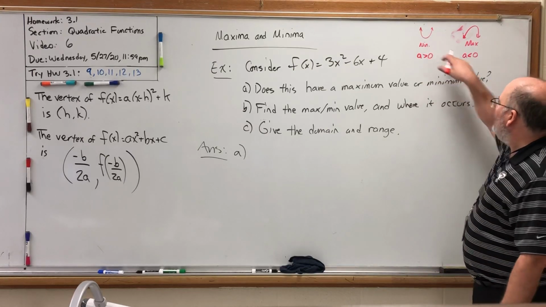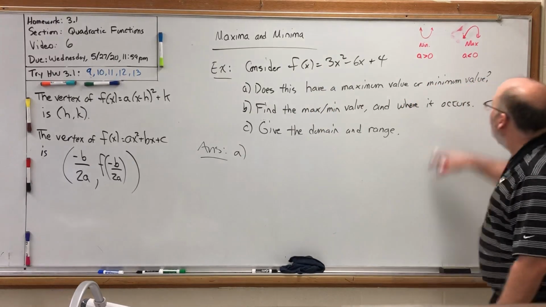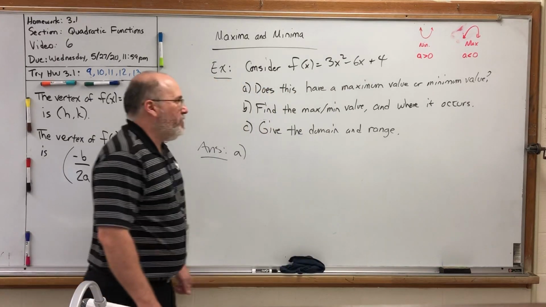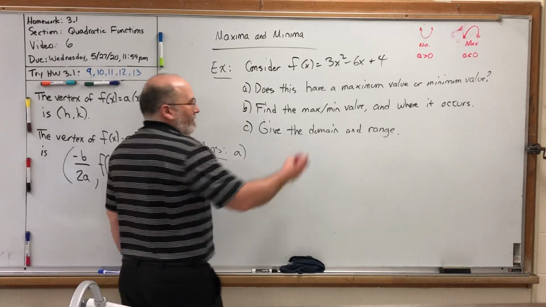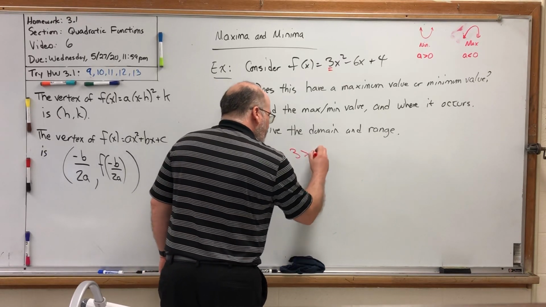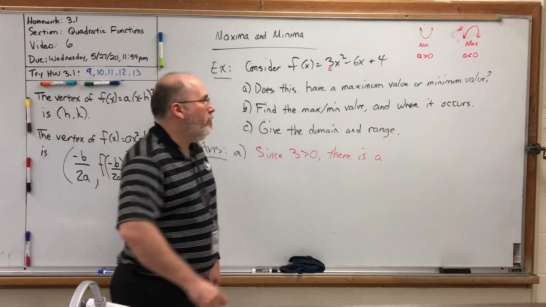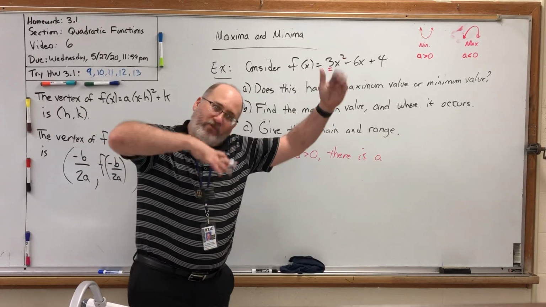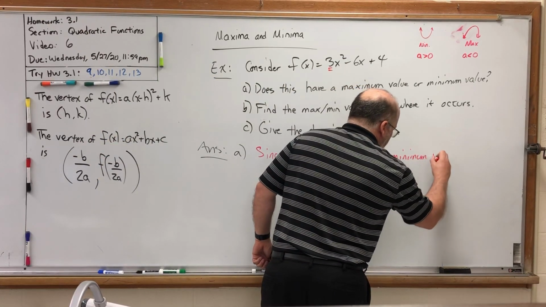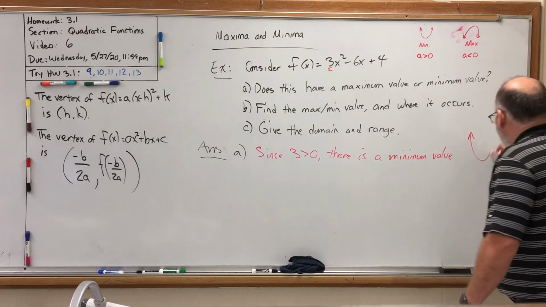What do you mean positive is minimum and negative is maximum? Well, positive opens up, so there's a lowest point. Negative opens down, so there's a highest point. So we can answer which one it has without doing any work, just by observing that 3 is positive. Since 3 is greater than 0, is there a maximum or a minimum value? The parabola opens up, so there's a minimum value at the bottom of it. So we know the parabola is going to look like this.